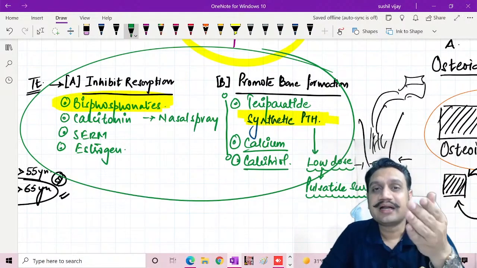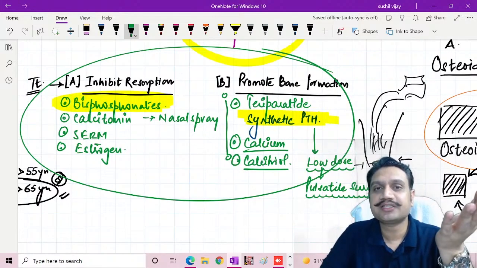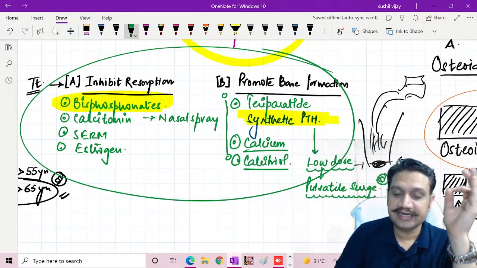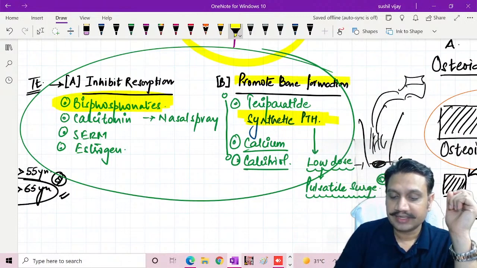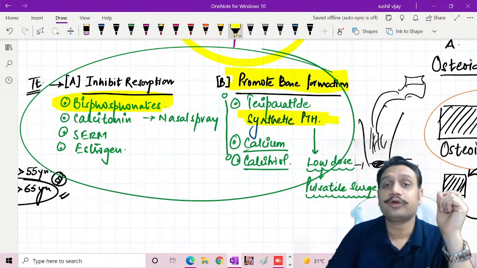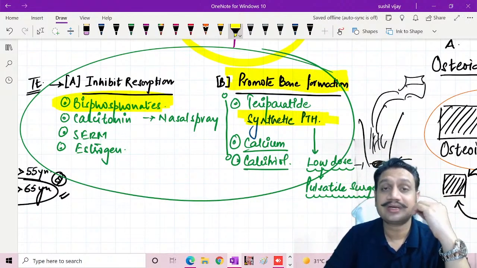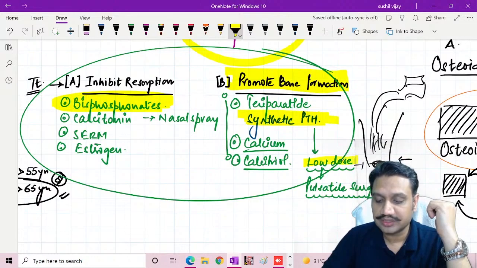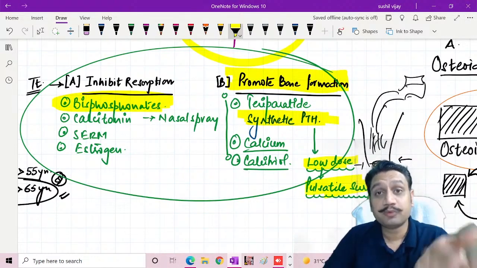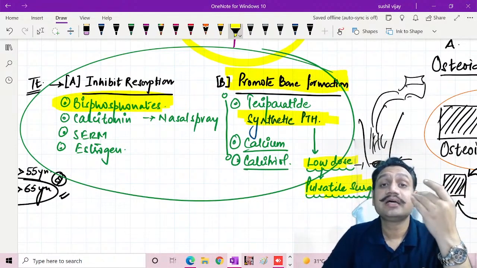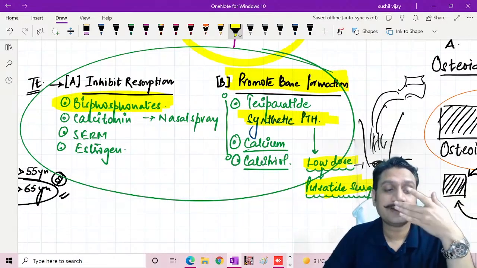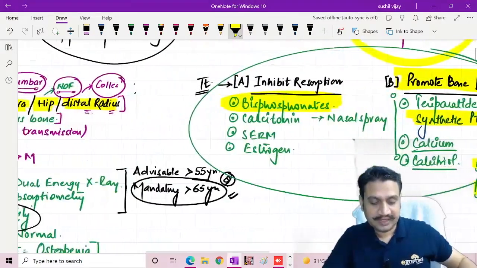This raise in the activity of PTH off and on has been seen to promote bone formation. That is how it helps. I hope, Raghuram, you are clear with this. So this is a low dose pulsatile surge which promotes the bone formation instead of resorbing it. Okay, that is how it helps.